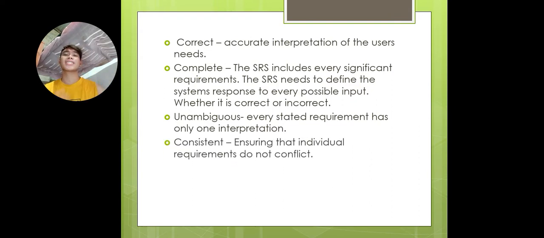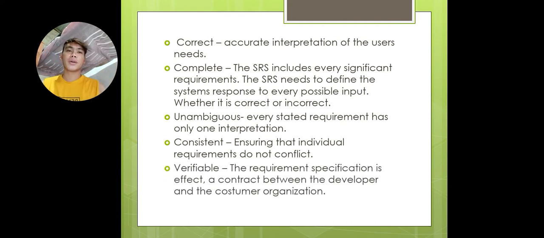The next one is consistency, ensuring that individual requirements do not conflict. For example, the flow of your program should be consistent so that the user does not get confused. The next one is verifiable. The requirement specification is in effect a contract between the developer and the customer organization.